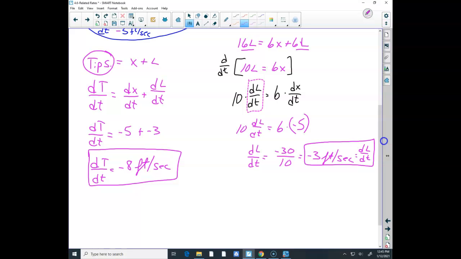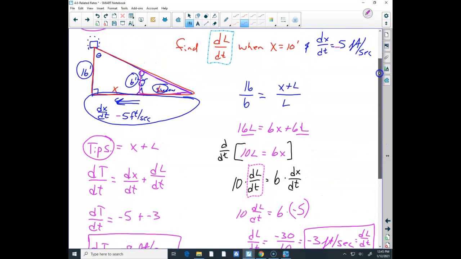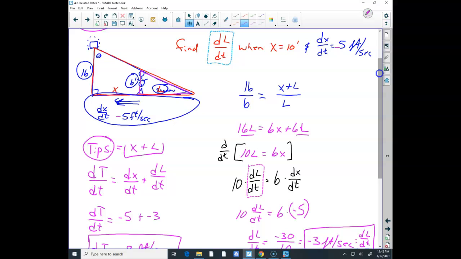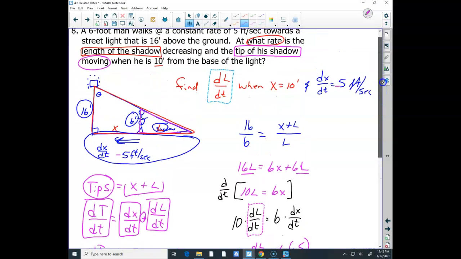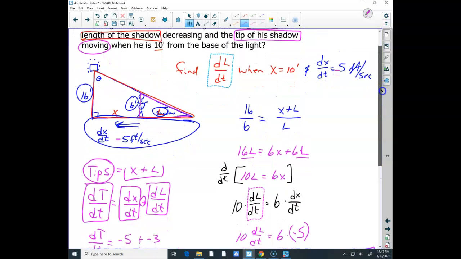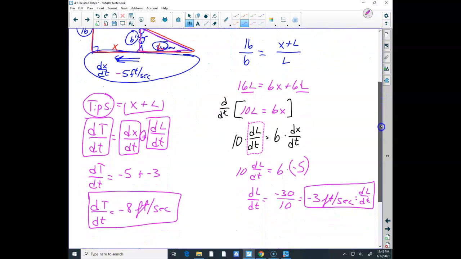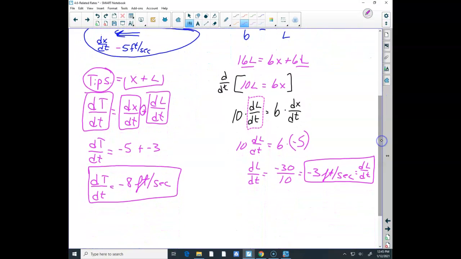It's all related to where the shadow is to the light post. And the tip of the shadow is x plus L away from the light post. So the change in the tip equals the change in the walking speed plus the change in the shadow length, which gives me how fast the tip of the shadow is moving at that particular moment in time.